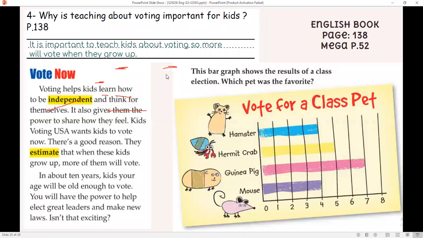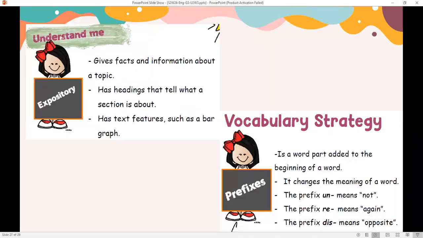You see, this one is a heading. Vote now. This is the heading. So expository text has headings. It also has graphs, as you can see. It has text features such as a bar graph, the one that we saw about the favorite pet.